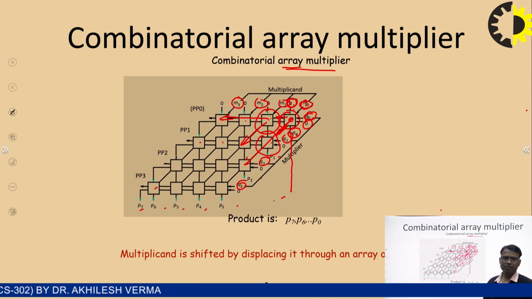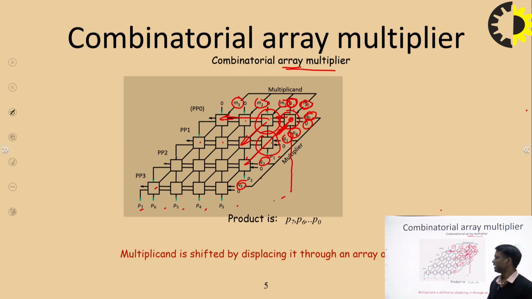So, this can be one of the limitations of the combinational array multiplier, that the output of the multiplication totally depends upon the size of this array. So, it is quite obvious that the delay in the multiplication will depend upon the size of the multiplier and multiplicand bits.